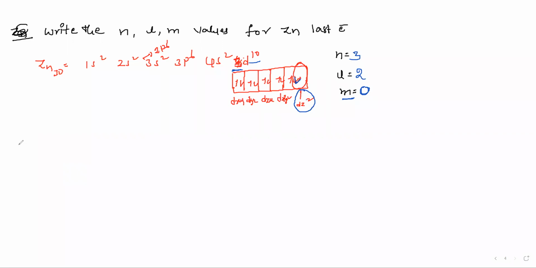Okay, and one more question I am giving. Just try to do this one. Simple question: calculate the values of N, L and M for the 7py orbital. Do this one fast.